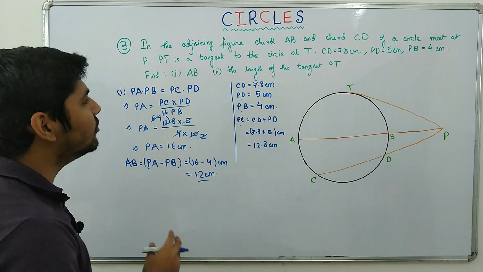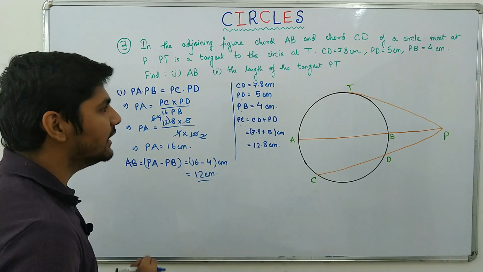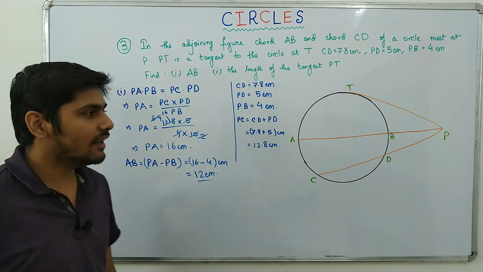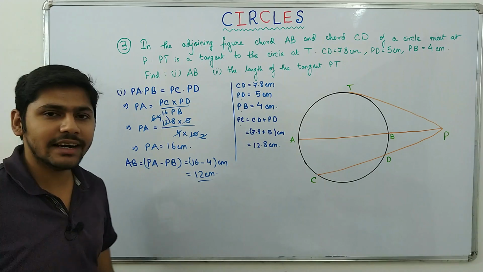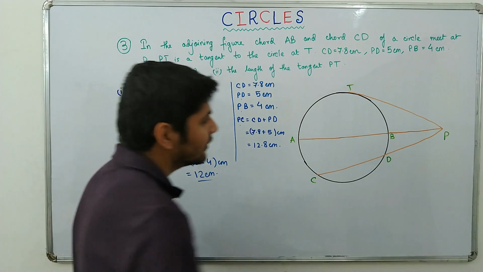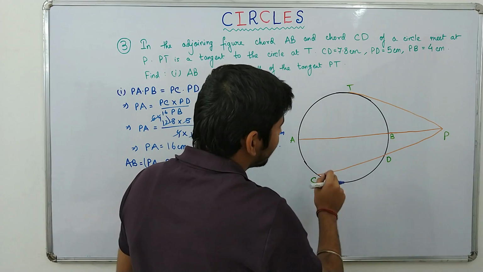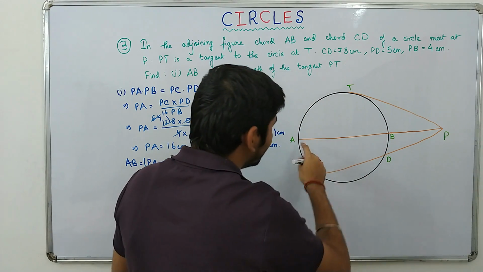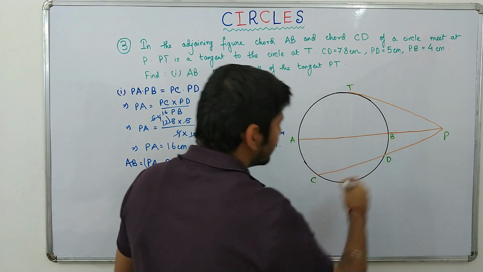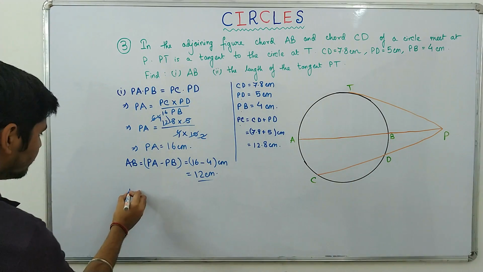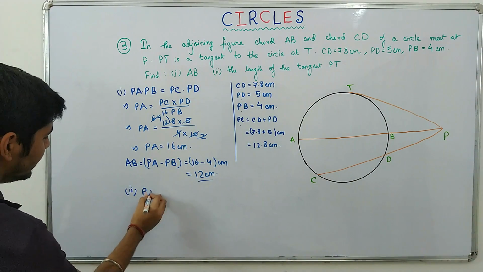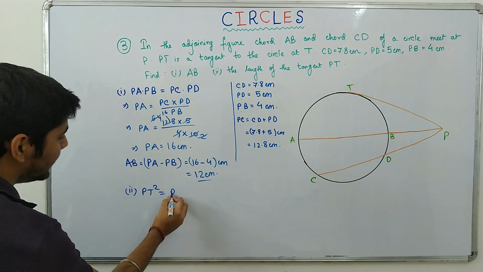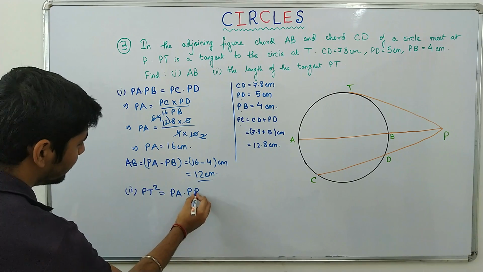In the second one, we have to calculate the length of the tangent PT. Now we know that if a tangent and a chord intersect externally, then PT square will be equal to PA into PB. So let's do that. So number 2, PT square will be equal to PA into PB.